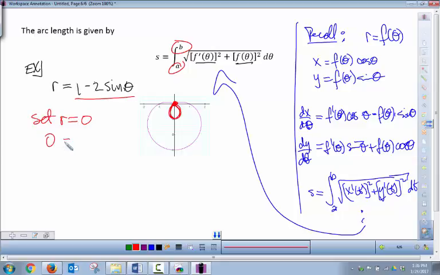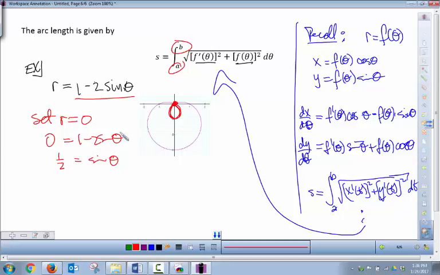So 0 is equal to 1 minus 2 sine theta. And I think in this particular problem, we get nice angles. Some of the problems that you get, you won't have nice angles, so you'll have to do some extra math. I think this is a 1/2 when you bring the 1 over and then divide by -2.